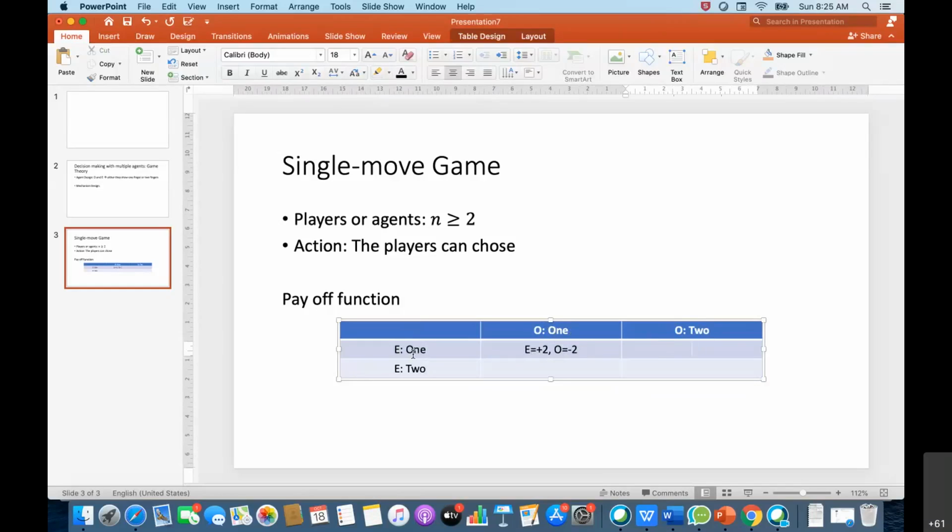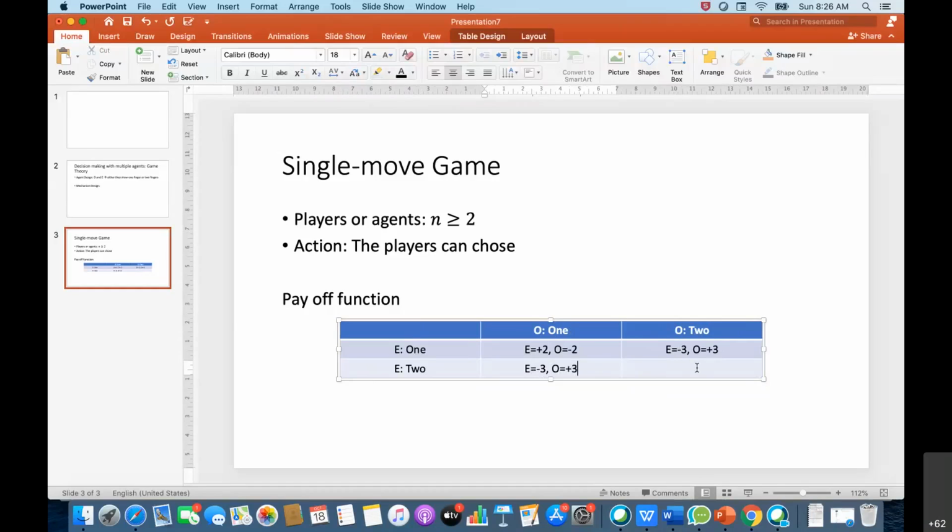Now for 1 and 2, E is going to lose 3 and O is going to gain 3. Here also the same will happen: E is going to lose 3 and O is going to gain 3.